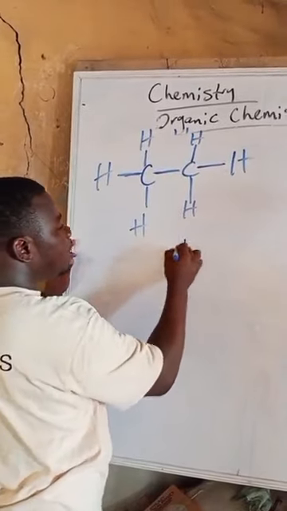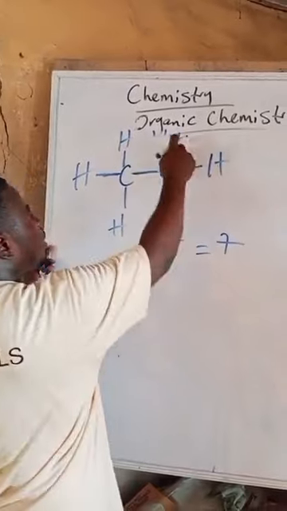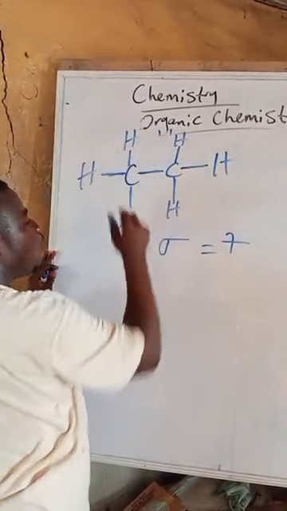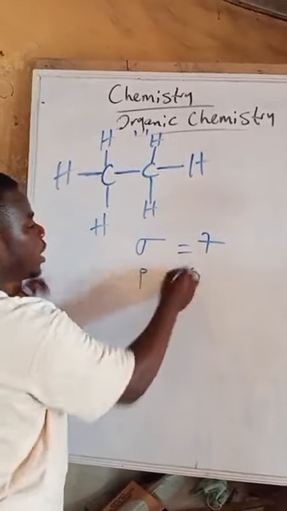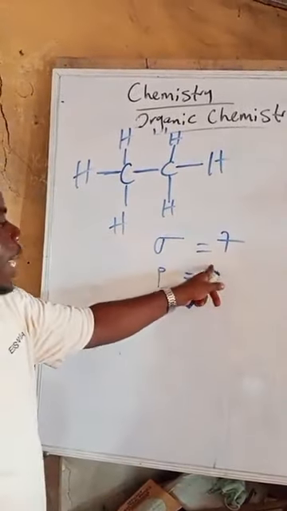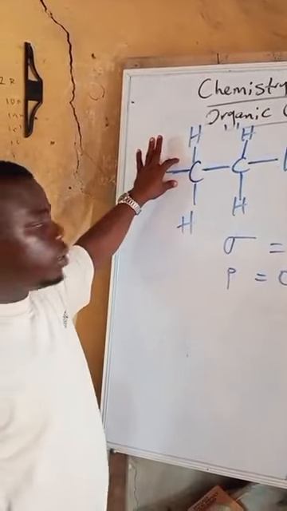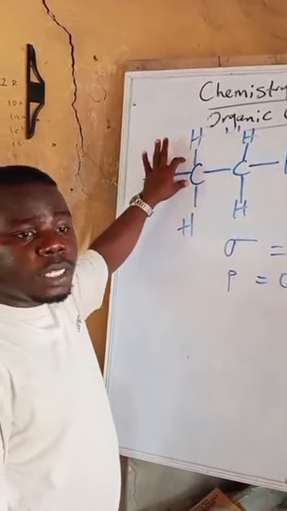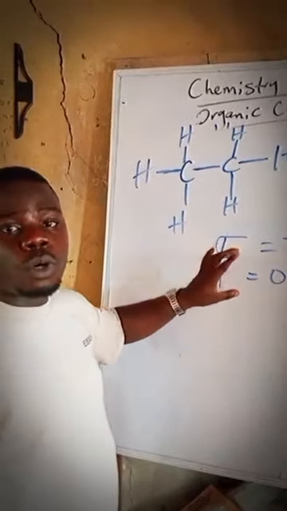So therefore, the sigma bond here is what? 7. What about the pi bond? It is 0. Now note that for alkanes, one bond is equivalent to 1 sigma bond, and the pi bond is what? 0.